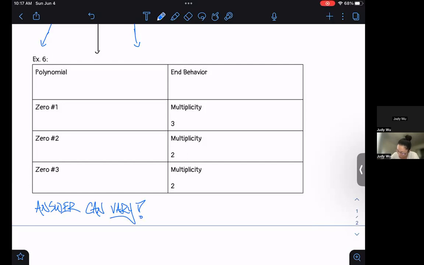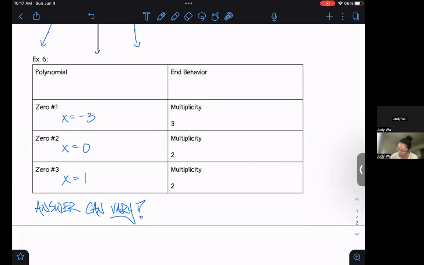So let's say I want my first 0 to be -3. I want my second 0 to be 0. And I want my last 0 to be 1. Okay, now I could make up any number here, but I'm choosing -3, 0, and 1 because I felt like it.